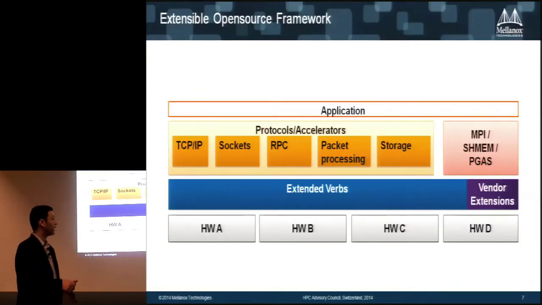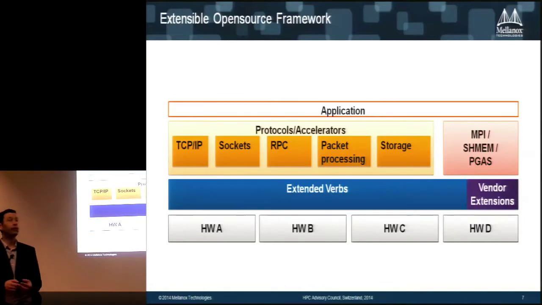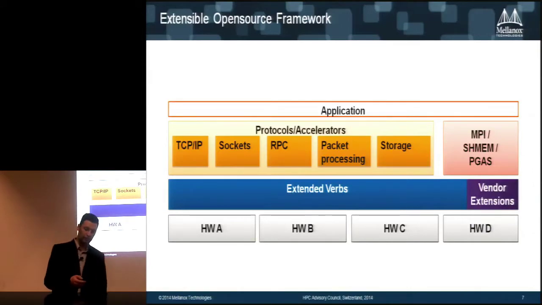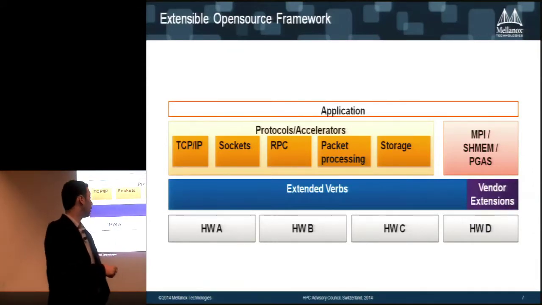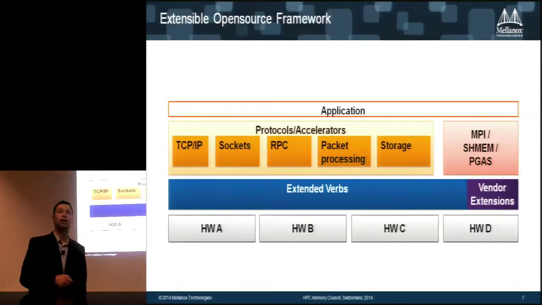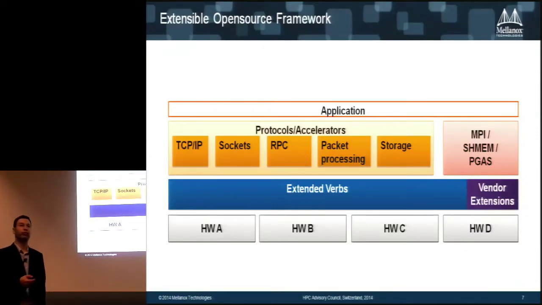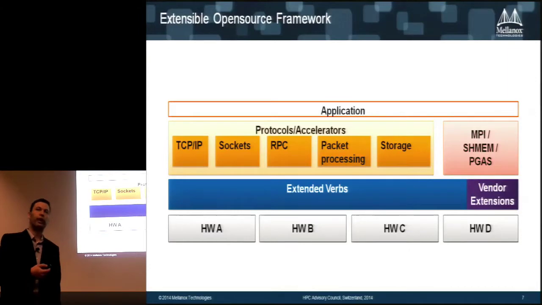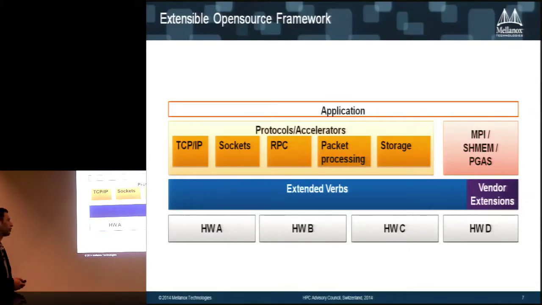Especially the APIs that we're using for high-performance computing could be further tuned according to extended verbs and specific vendor extensions, according to the feature set that the actual hardware can offer, and that could give the best optimization. And once you have those interfaces, it should be trivial to map them to hardware operations. It can be very lightweight. And if something lightweight is missing, then it's quite straightforward to add it as part of the verbs extensions.